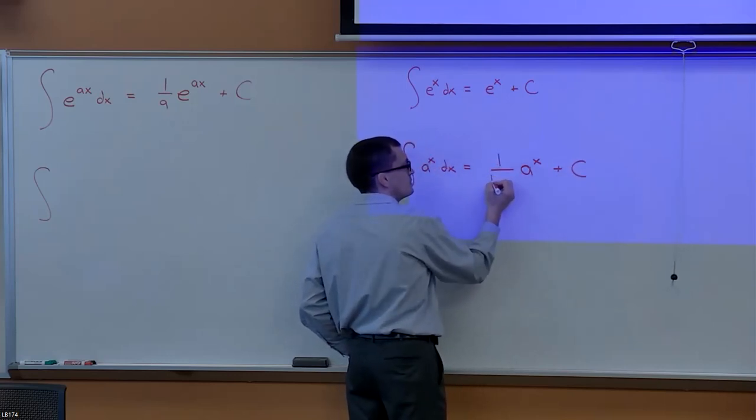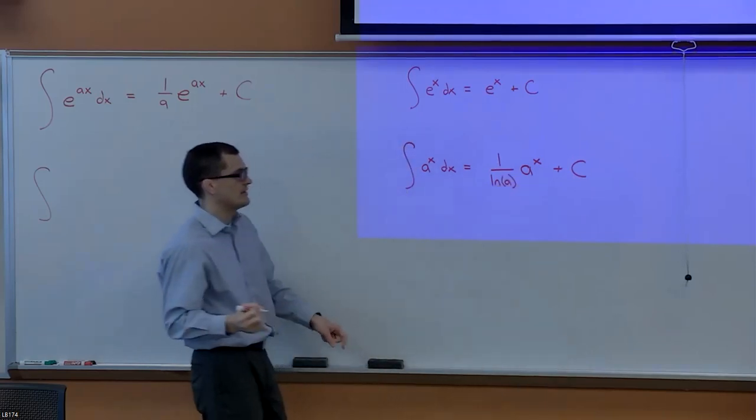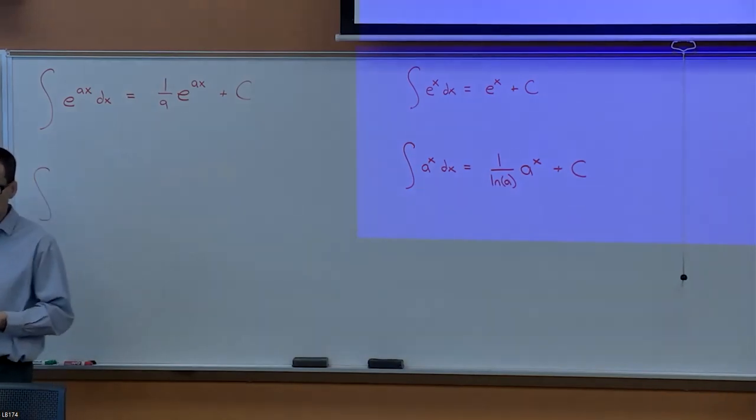And that coefficient is 1 divided by the natural log of that base. So that's what is going on there. That's why I'm writing the rule as I just did.